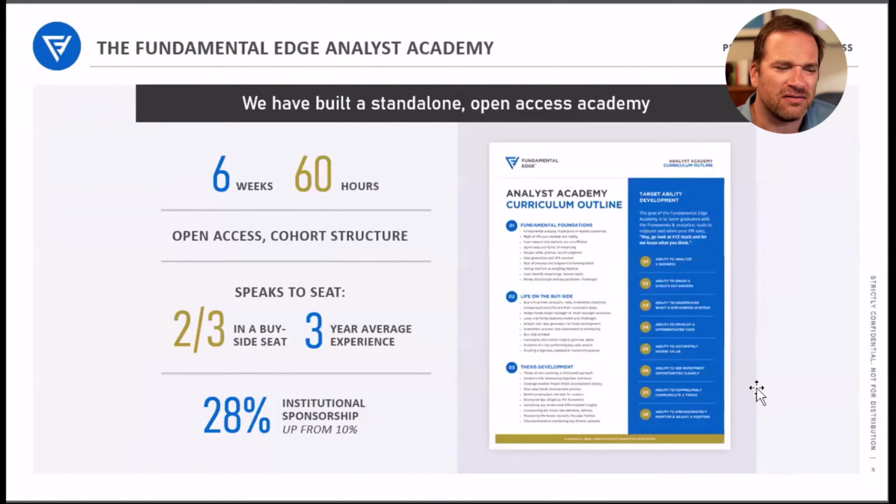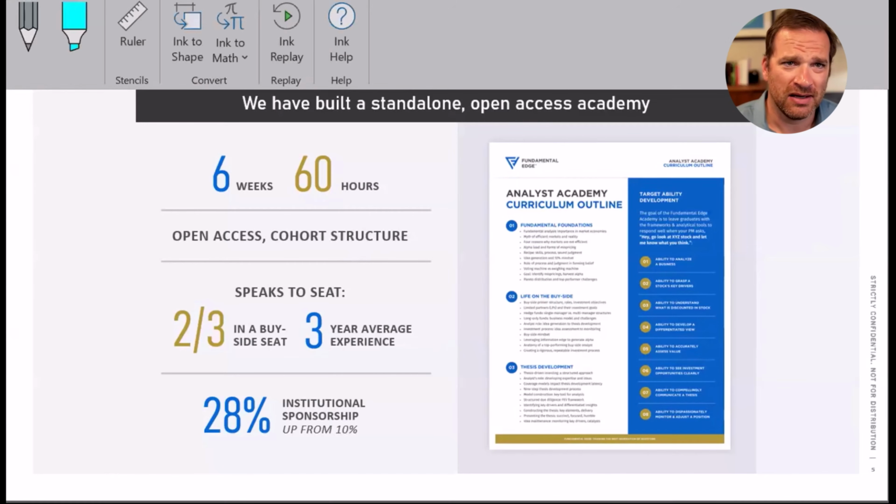What we've built at Fundamental Edge is, in our minds, the first standalone analyst academy for individuals who want to learn the fundamental bottoms-up approach to equity analysis. How do you do that? That's really what we do in our program.